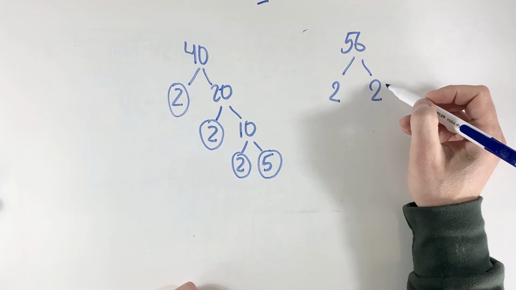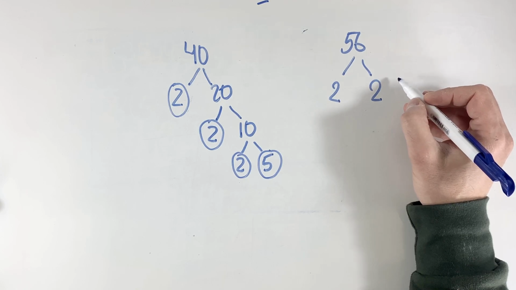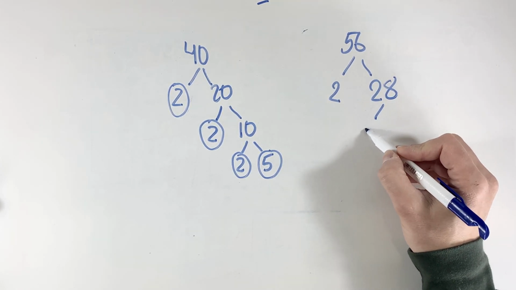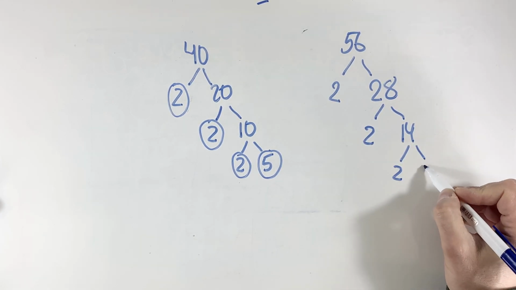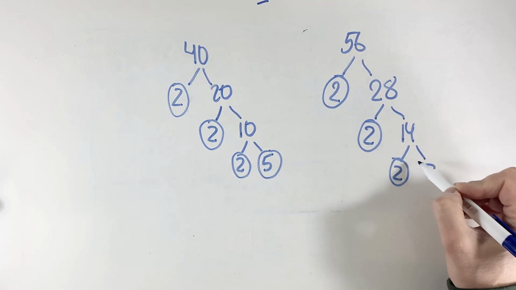And for 56, we can divide it by 2, which leaves us with 28. 28 can be factored into 2 and 14. 14 into 2 and 7. So here are our prime factors.